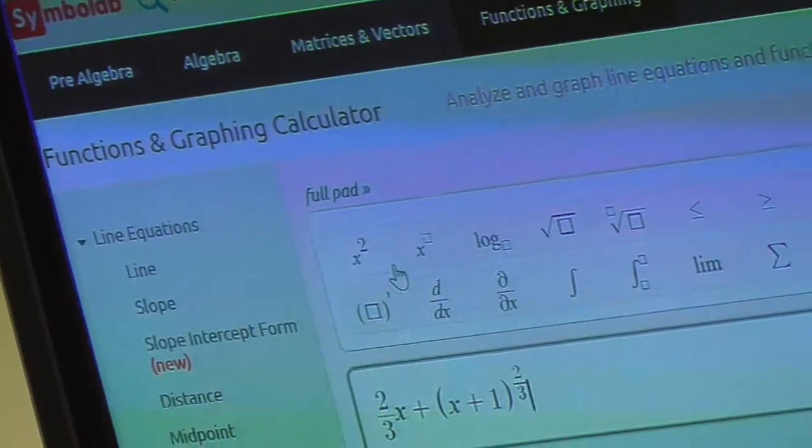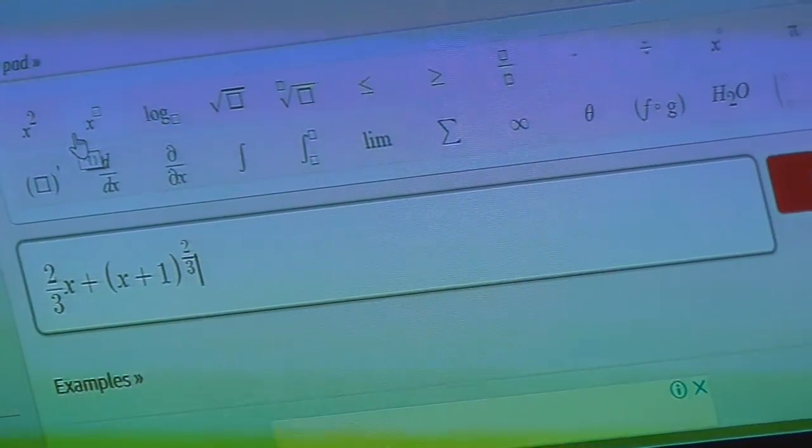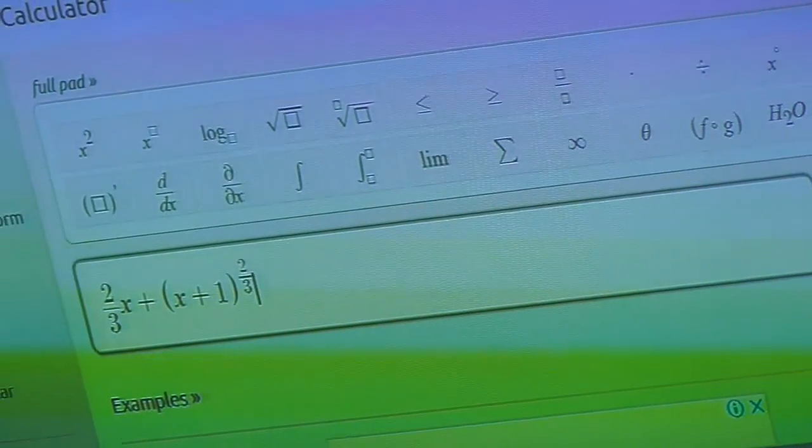Okay, is this right? 2/3 x. Yeah. Okay, that's cheap.